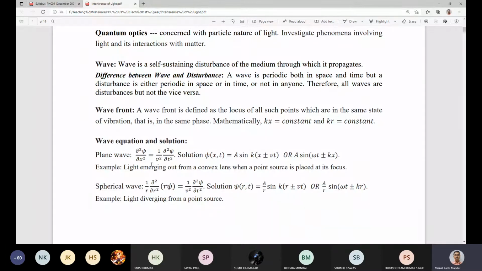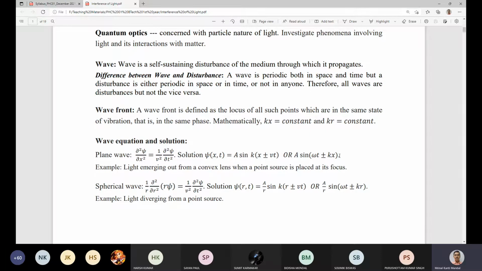If you apply this separation of variables technique and then solve it and combine, then you will get the solution like this: psi(x,t) equal to a sin k(x plus minus vt), or a sin(omega t plus minus kx). Right? So this can be considered as the solution of the wave equation.